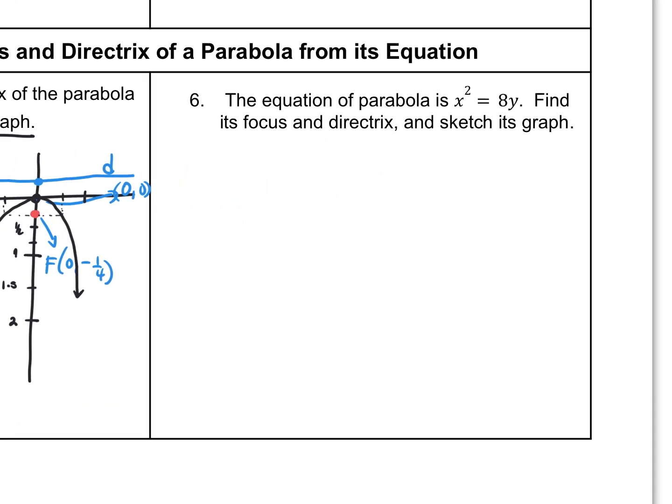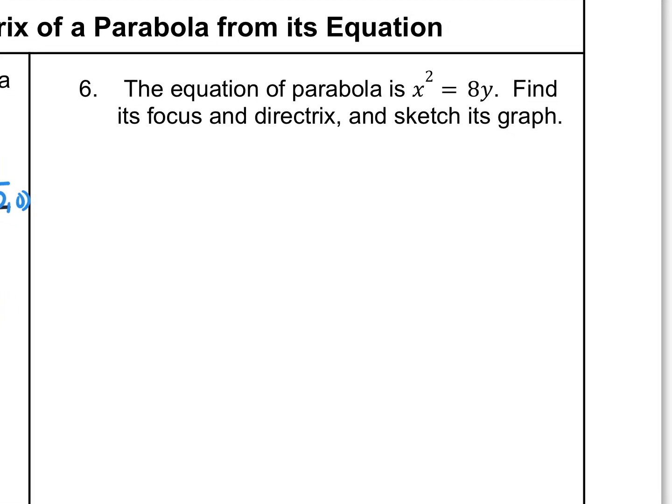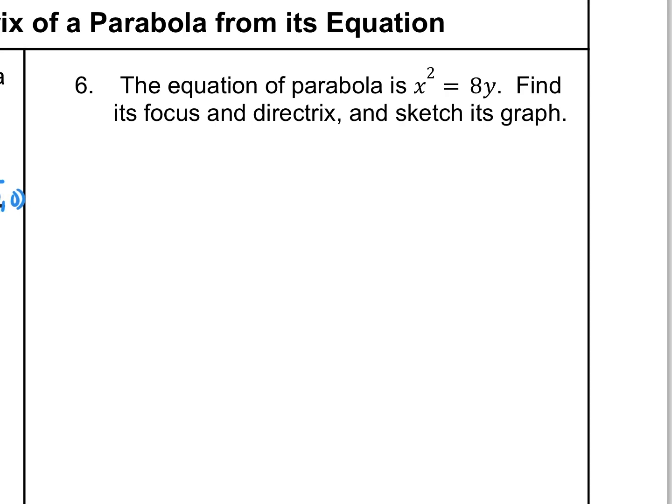Okay, in number 6, the equation of the parabola is x squared is equal to 8y. Find its focus and directrix and sketch its graph. Okay, so here it is already given that our vertex is located at 0, 0. Now we're going to find our p.